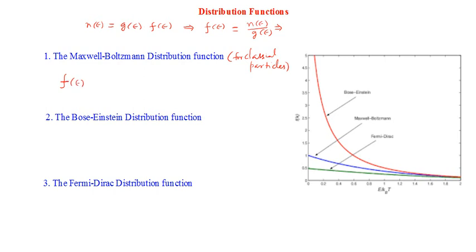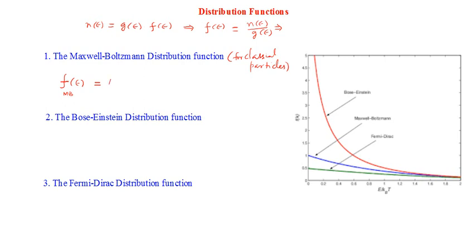To denote that this is the distribution function for Maxwell-Boltzmann, we write a subscript MB, f_MB(E). That can be written in several ways. I'll be writing in different ways. You can memorize the equation which you feel is easy.